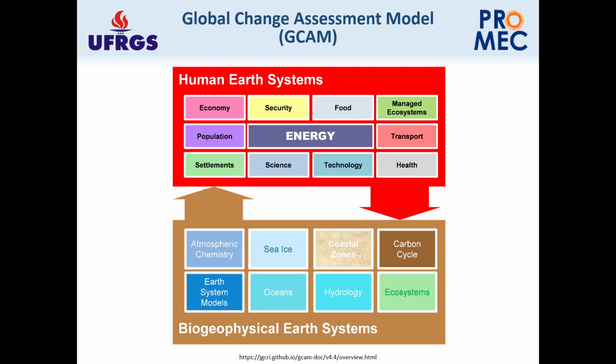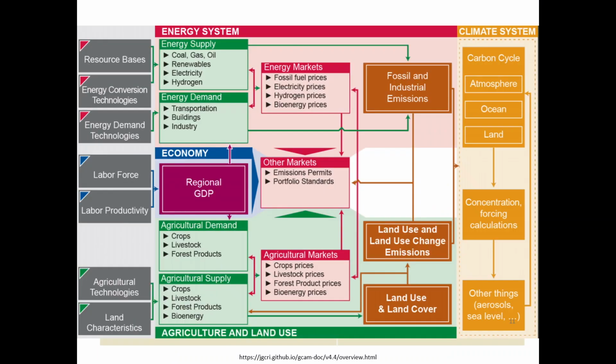So this is the global change assessment model, which combined human Earth systems with geophysical energy Earth systems. It's very complex, very big. It's not under development anymore, but it was a big attempt to create one Uber overall integrated assessment model.